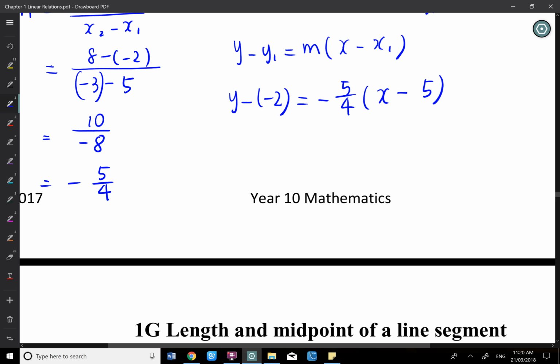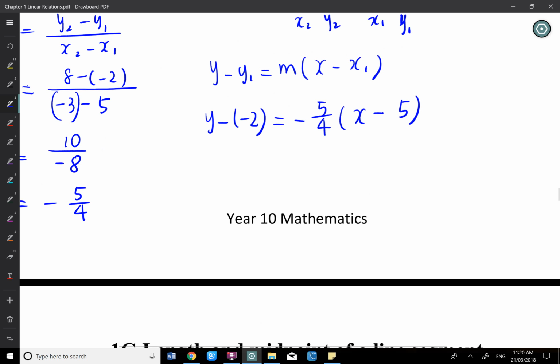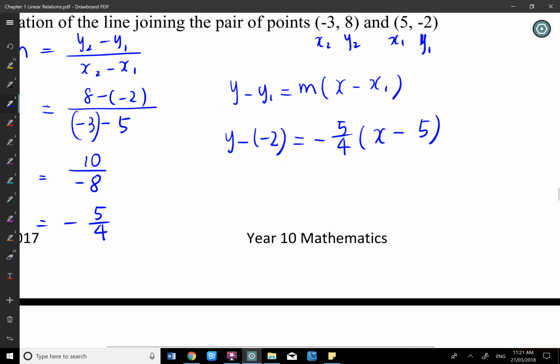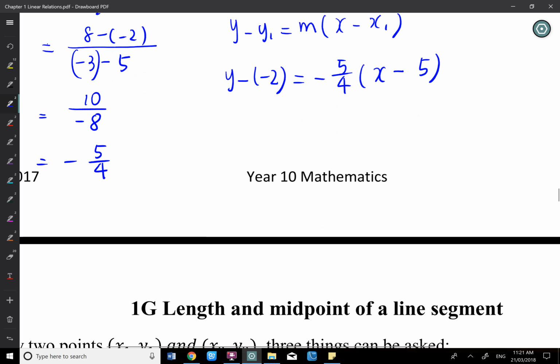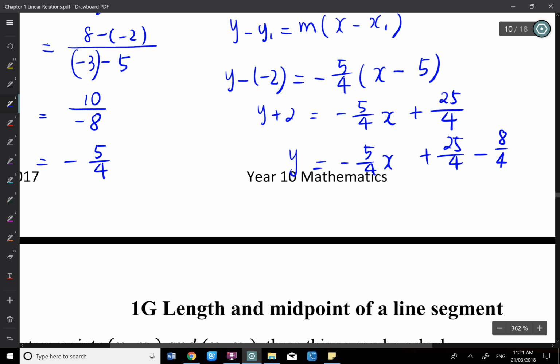It will be exactly the same if you make the other pair become x1, y1. So you can use the other point as well. Any point on the linear will work for this equation. Because I have made x1, y1 for the second pair, I'll just sub that in. So y plus 2 equals -5 over 4x plus 25 over 4. y equals -5 over 4x plus 25 over 4 minus 2, which is -8 over 4.